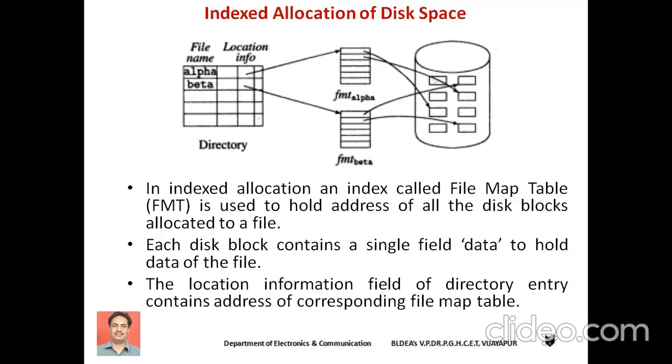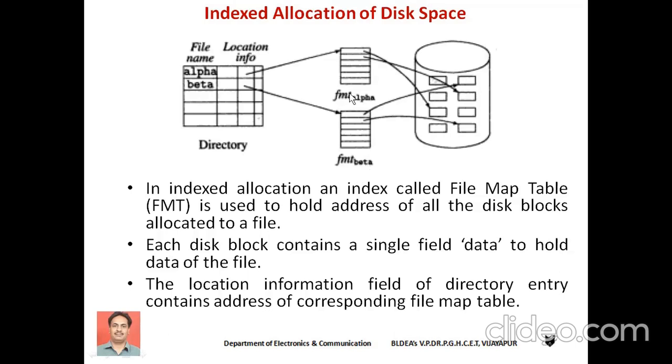Okay, if you look at the diagram, students, we have two files: alpha, and the second file we have known as beta. Here we require two file map tables, one for alpha and the other for beta. So we have FMT alpha, which stands for file map table for the alpha file, and FMT beta, which stands for file map table for the file beta.